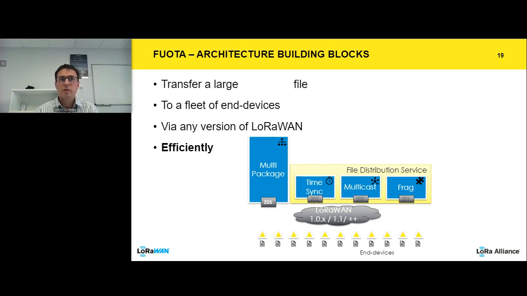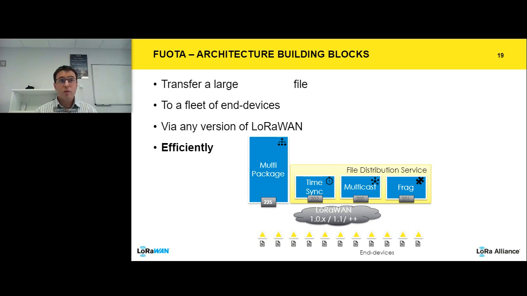So it's 1 second accuracy or a few seconds accuracy, so that it can start the multicast session at the right time and not listen for days or for hours without any packet coming in. So with time synchronization, we can open the listening window at the right time and close it as soon as we receive the full file. This is what I call the efficiency on the power.